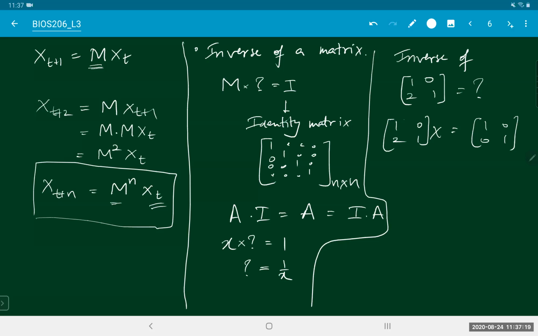So this element is already 1. Now I want to make this one 0. So I will do second row minus 2 times the first row, so that this becomes 0.